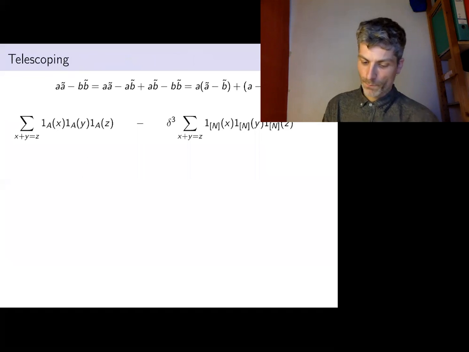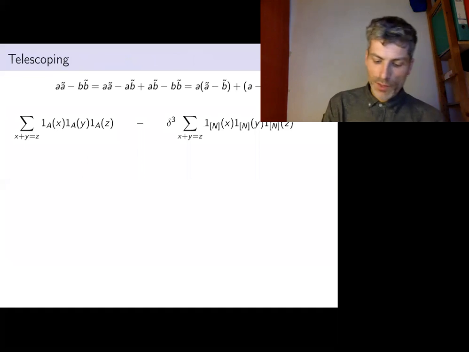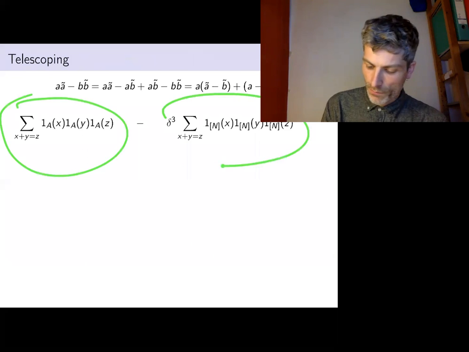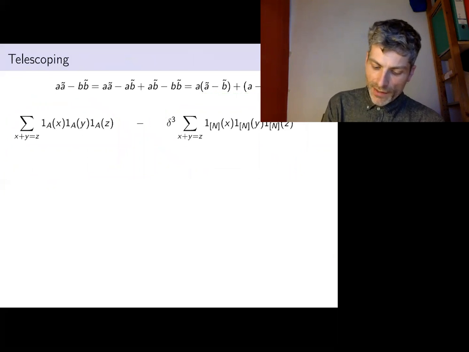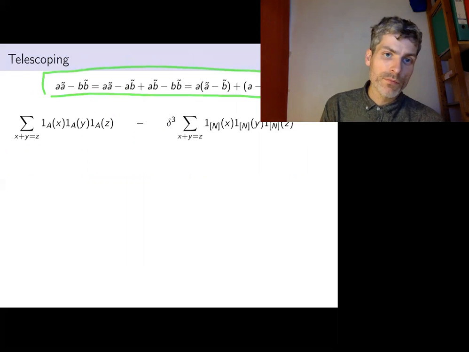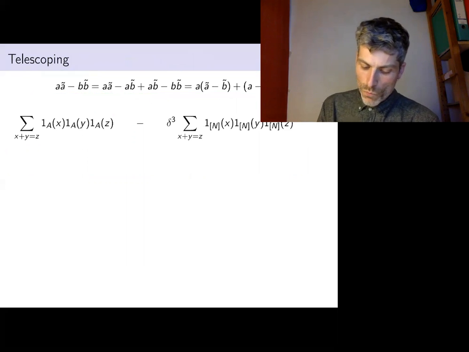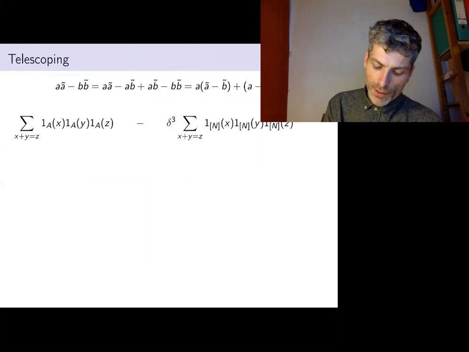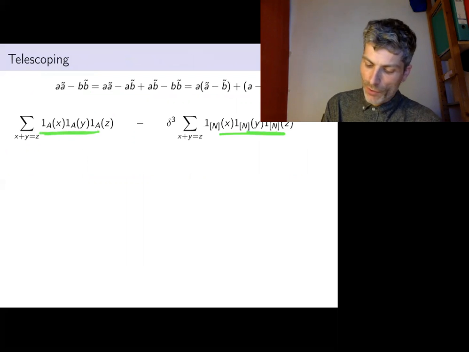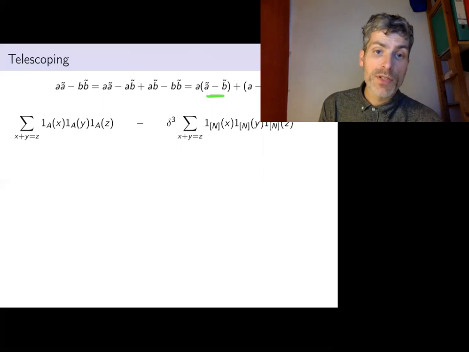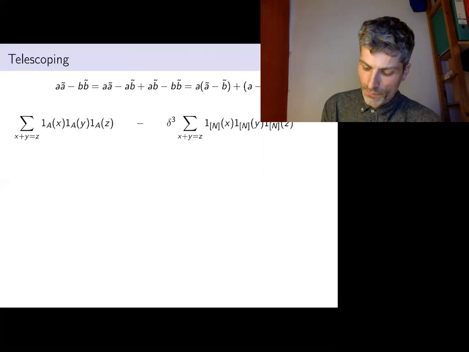So let's prove that. So we want to compare these two sums, and using a telescoping identity, or not this exact telescoping identity, but one of this flavor, you can compare a difference of products to products containing differences of individual factors.